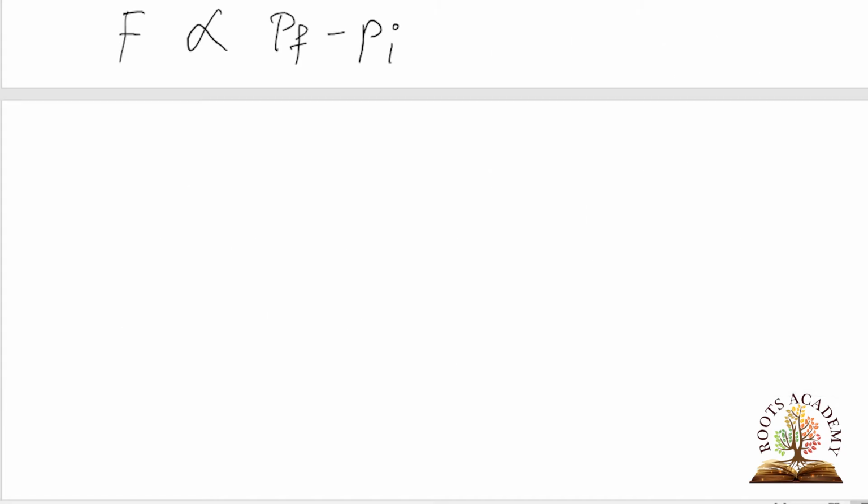Now what we will do is change the values of momentum. Pf will be nothing but mass into final velocity, minus initial momentum, which will be mass into initial velocity.